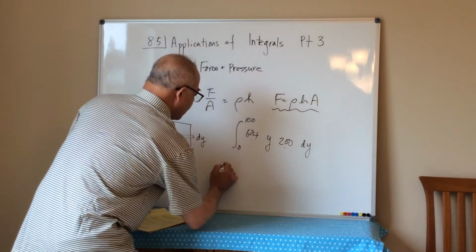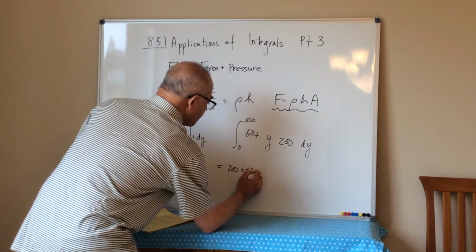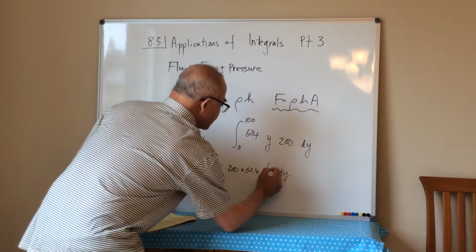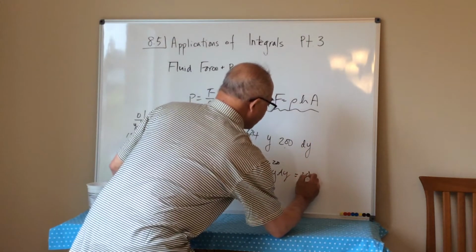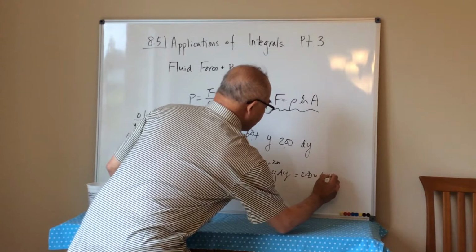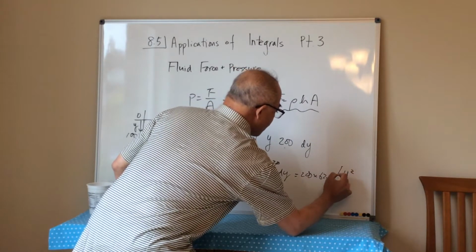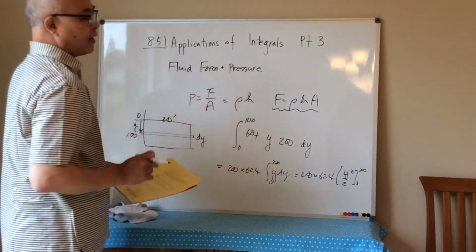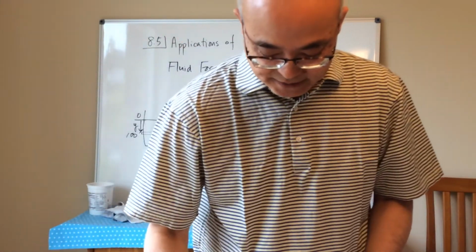That would be 200 times 62.4 y dy, 0 to 100. 200 times 62.4, 1/2 y squared, and I'm going to evaluate this from 0 to 100. You can plug that in there, right? So that's how you do example number 3.